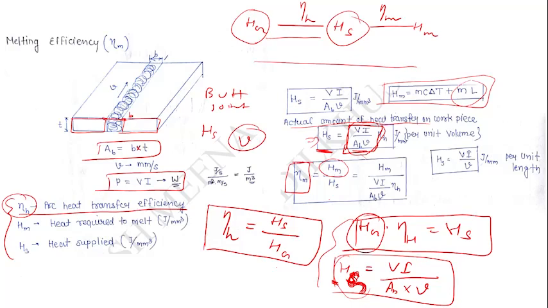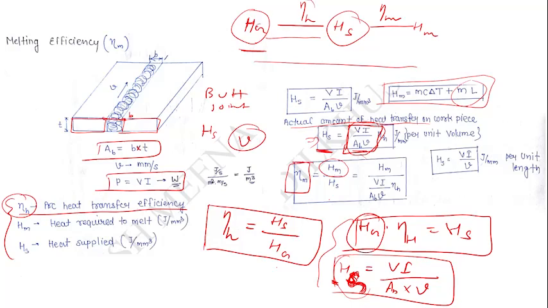Okay, see, first, not the formula. The process: what is happening, that is Hg, Hs, and Hm. There will be one heat generated. Because of the arc, heat will be generated, right? So not all the heat will be supplied.